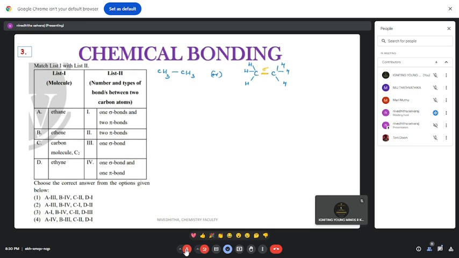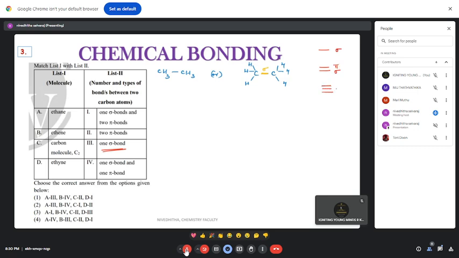So, for A, we have to match 3, right? Between two carbon atoms, we have only one sigma bond. See, guys, listen. If there is a single bond, then that is a sigma bond. If there is a double bond, among which one is sigma, another one is pi.